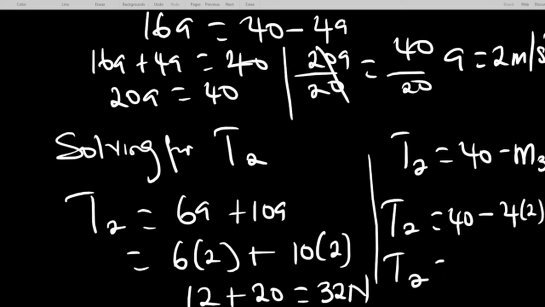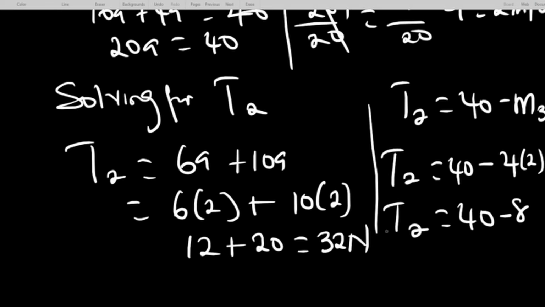So T2 is equal to 40 minus 4 times 2 is 8. So T2 is equal to 40 minus 8, which is 32 newtons. So no matter the equation you use, you always arrive at the same solution.